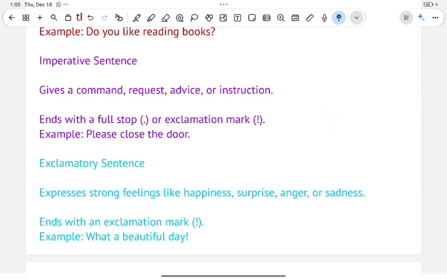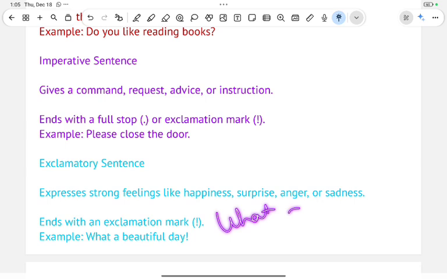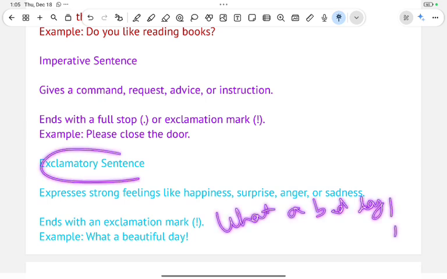So it always ends with an exclamation mark, as I already told you. For example, what a beautiful day. What an ugly girl she is, or what a bad day. These are all examples of exclamatory sentences.